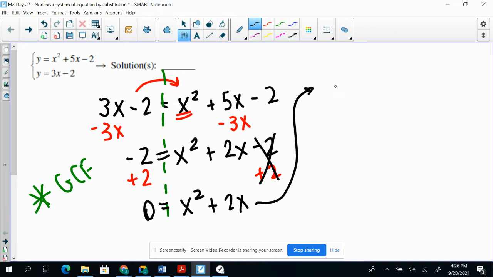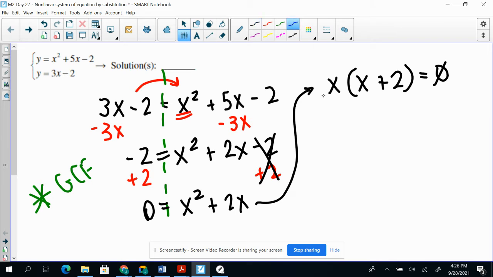So if I go up here and factor out a GCF, x times x gives me x squared, and then plus 2, because if I distribute that through, I end up back where I started with x squared plus 2x. So that GCF does work. This whole thing is equal to 0. So at this point it is in factored form. But we want to solve it.